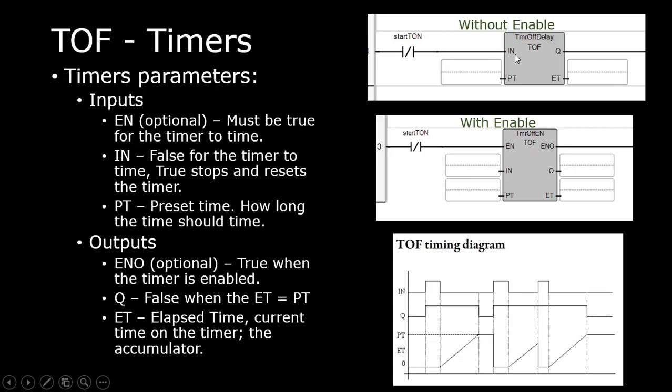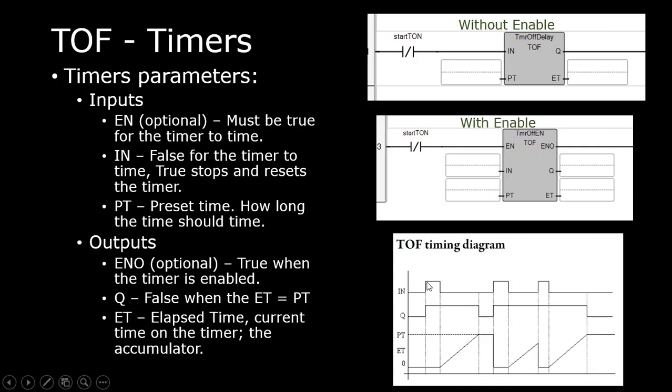So I have the input, the preset time, and this one has the enable. It has an input and a preset, we have a Q output, which is the done, and we have an elapsed time.